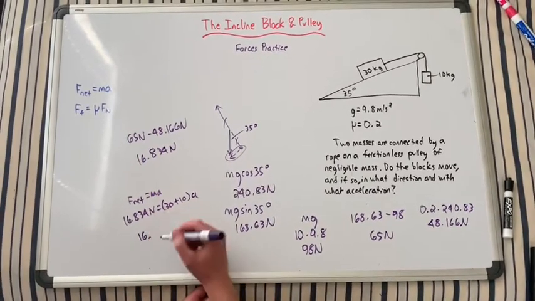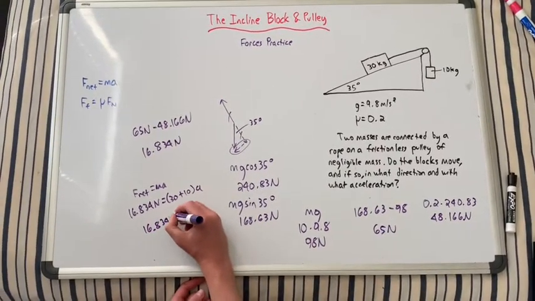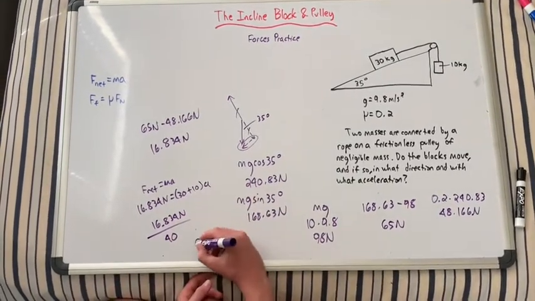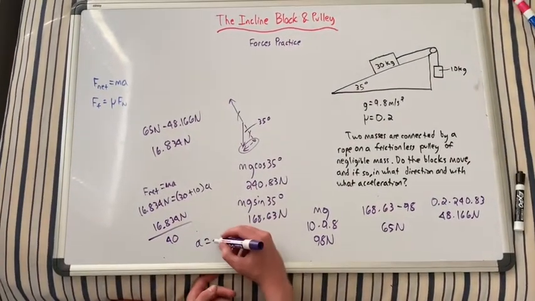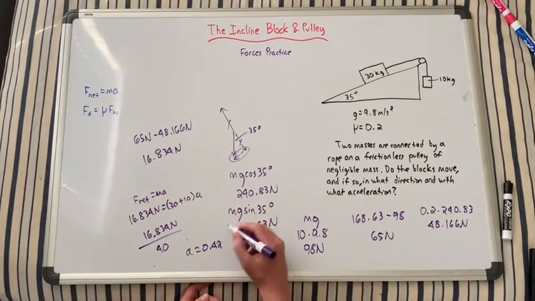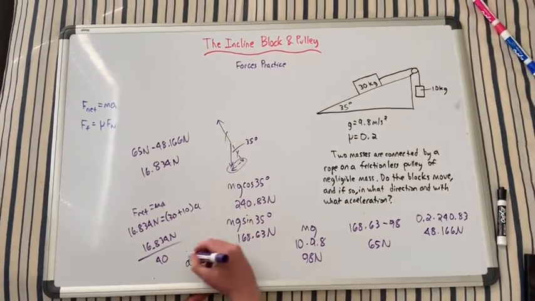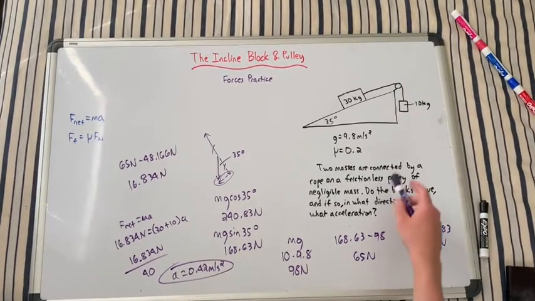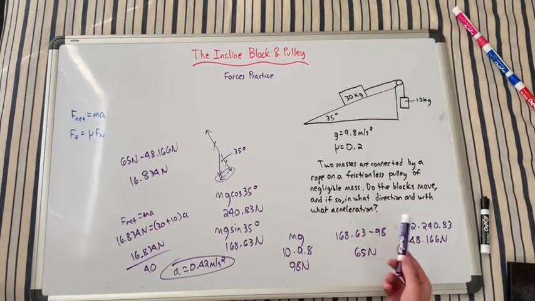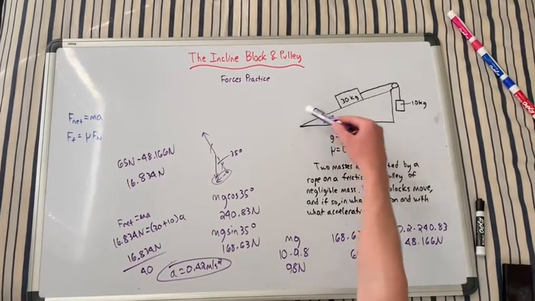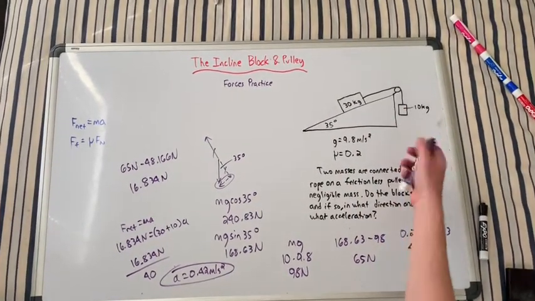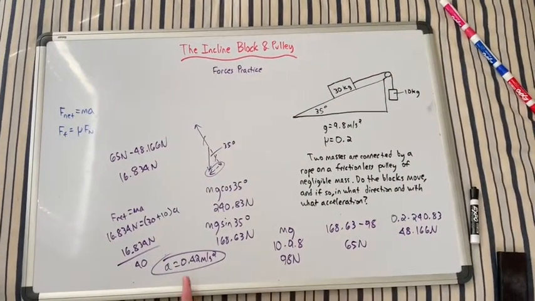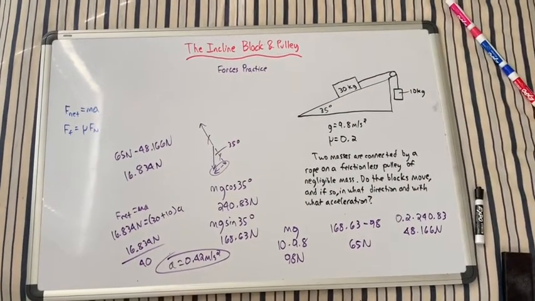So if we divide 16.834 newtons by 40 kilograms, which is the combined mass, we get our final acceleration, which is 0.42 meters per second squared. So we've now determined that these blocks will in fact move. They will move such that this first block is sliding down the ramp and pulling the second block up with it. So they'll move in this direction, and we know that they'll move with an acceleration of 0.42 meters per second squared.